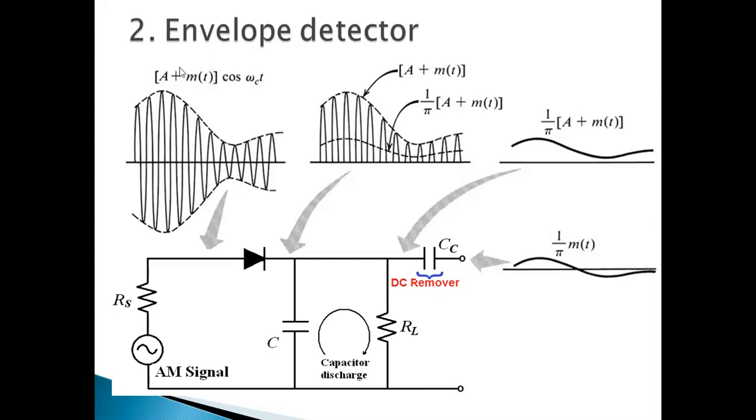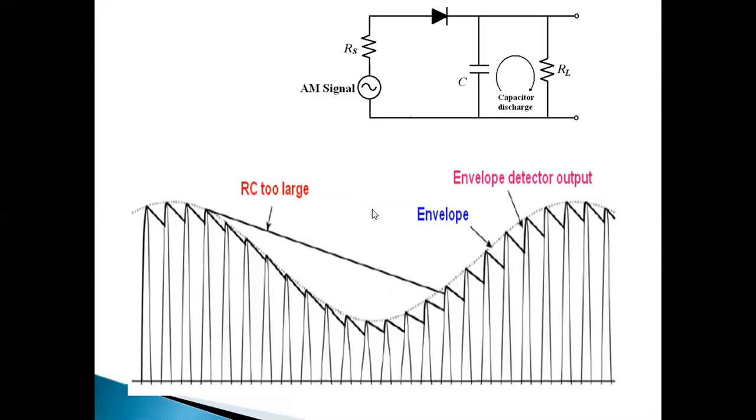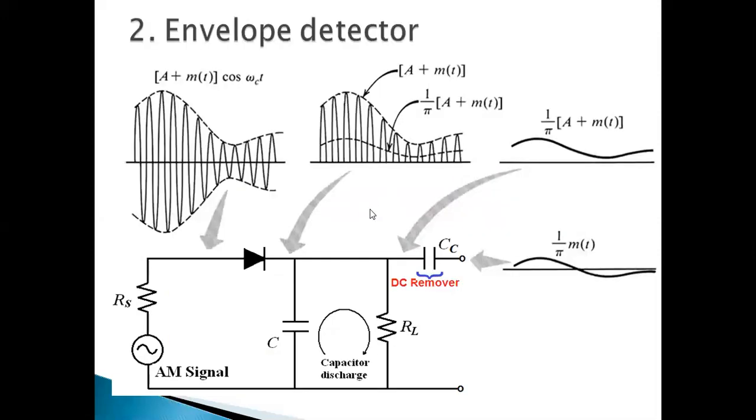Okay, so for that purpose, the RC responds only to the positive half cycle of the AM wave. This is the positive half cycle of the AM wave. So the diode is forward bias and the capacitor charges rapidly.